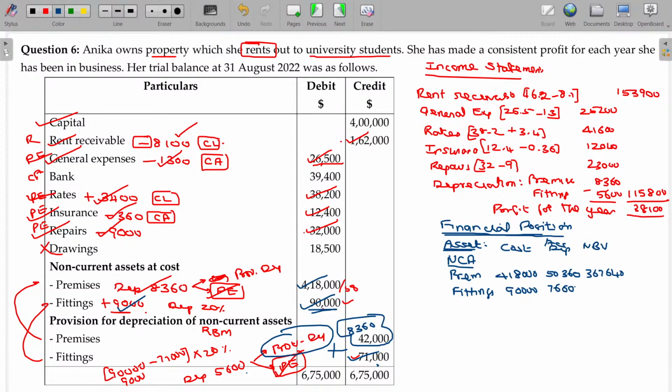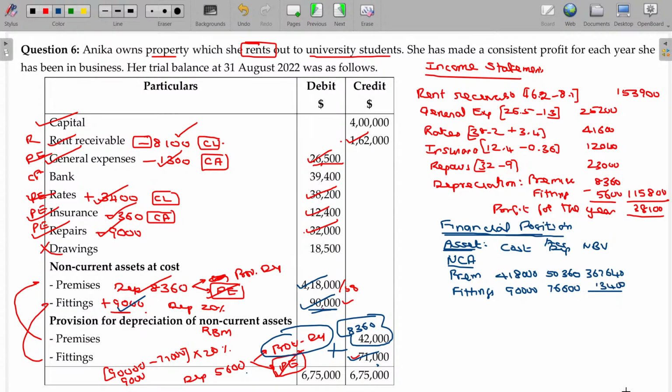Whatever depreciation you create will be considered as a profit and loss expense, added with the accumulated depreciation, and subtracted from the overall cost of the assets. From the 90,000 you will be subtracting 76,600. Then the net book value being 13,400.